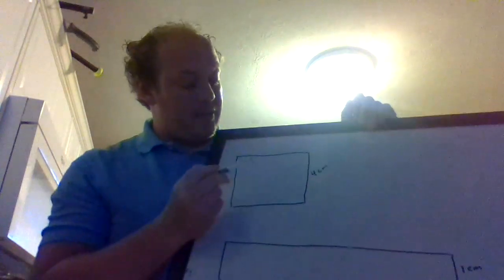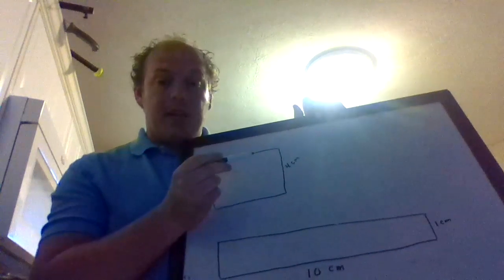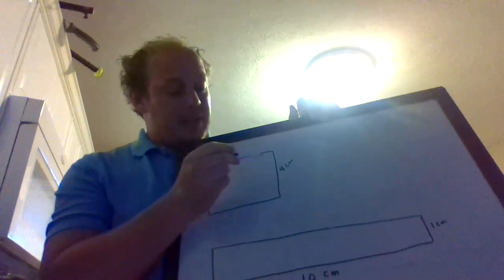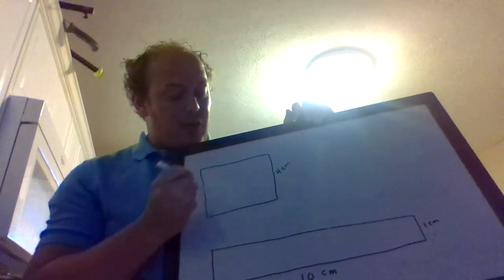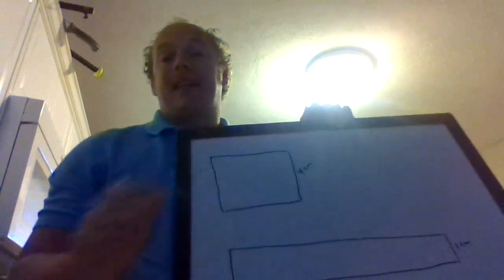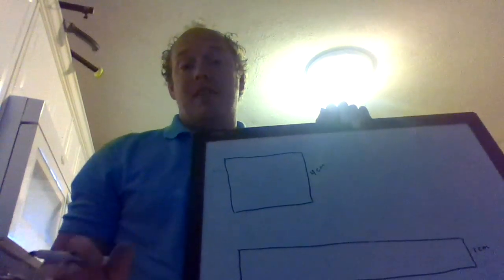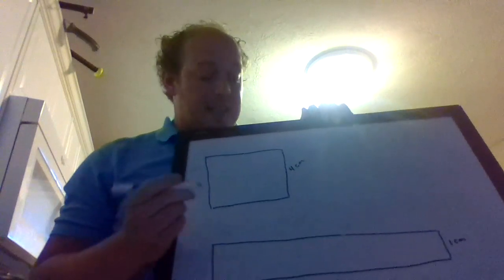Here we have a square. Now, what defines a square? Yes, it's got four sides: 1, 2, 3, 4. My sides might not be drawn even, but a square has four equal sides.